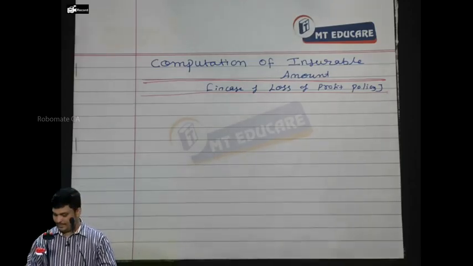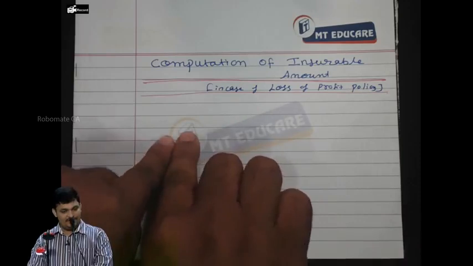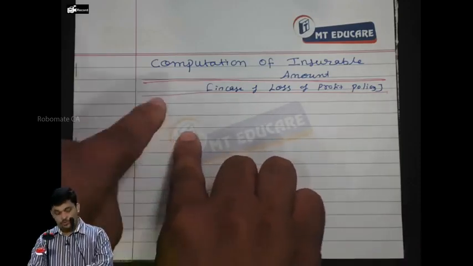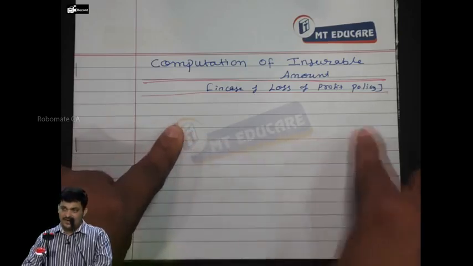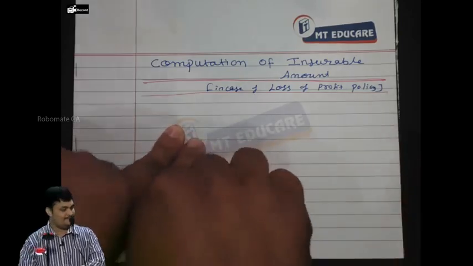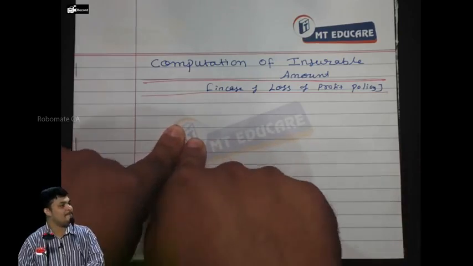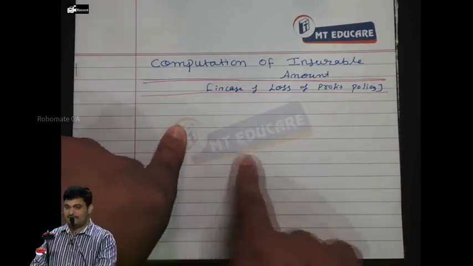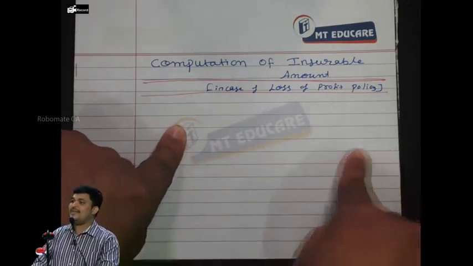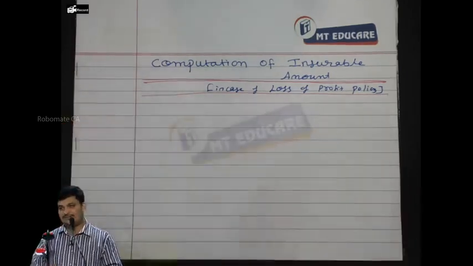Everybody? So when we take a policy, through that policy what we cover is that profit expected to be earned from the date of the policy. Profit expected to be earned from the date of such policy plus various standing charges.